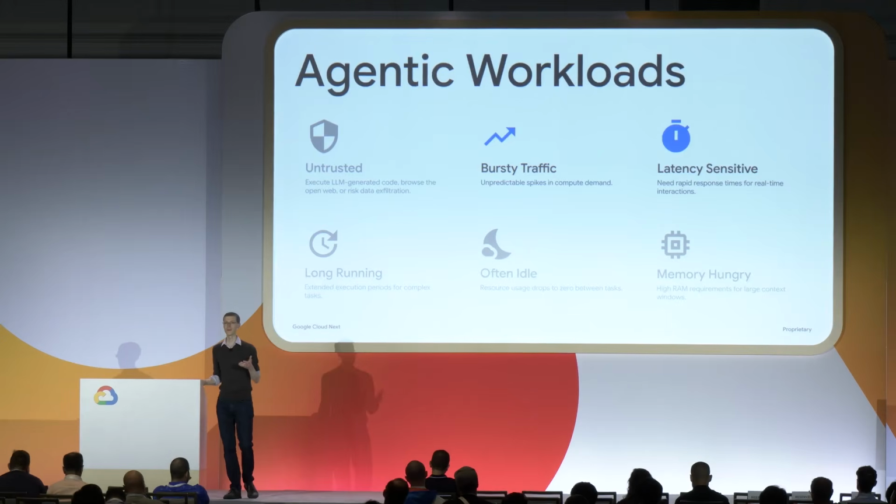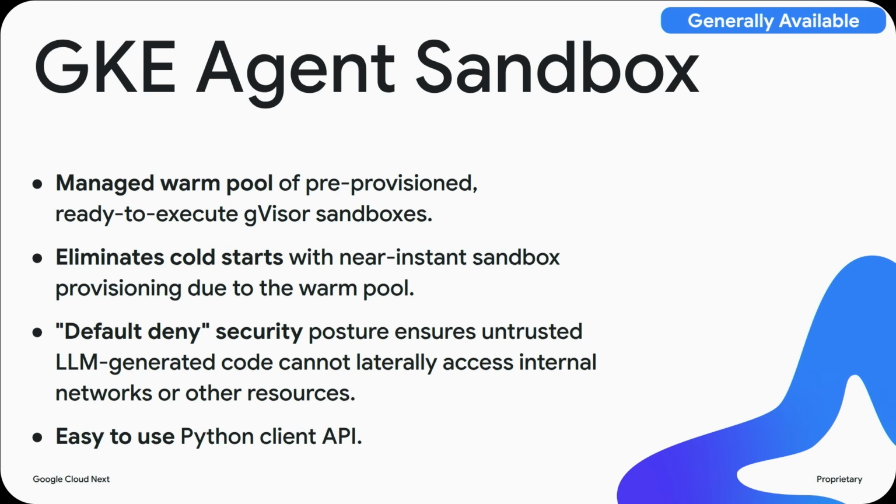Your agentic workloads are also often latency sensitive. Maybe you're serving your end users' traffic, and you need to execute code before you respond back to your users. Super latency sensitive in the real-time flow of your user traffic. And so to handle those two key properties, we introduced GKE Agent Sandbox.